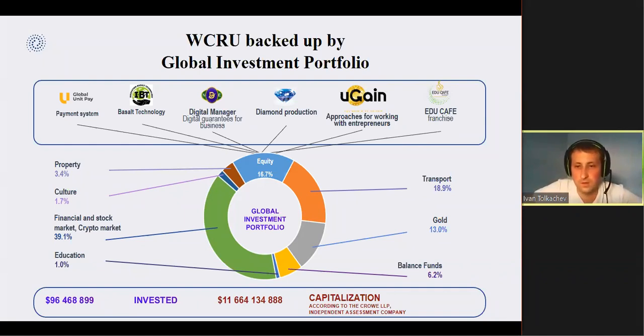Mutual funds. And at the top, you can see some of the brands that are partners of the global investment portfolio. And as of today, about $100 million US is invested, and the capitalization is over 11 billion.